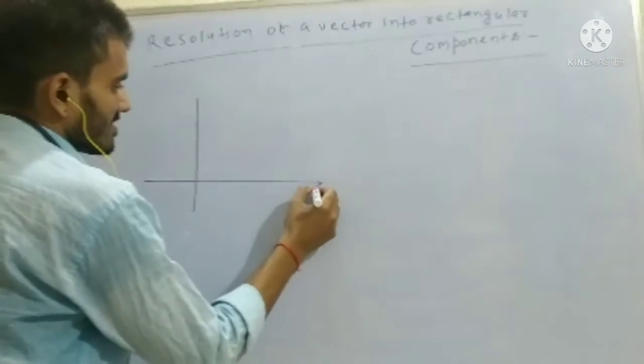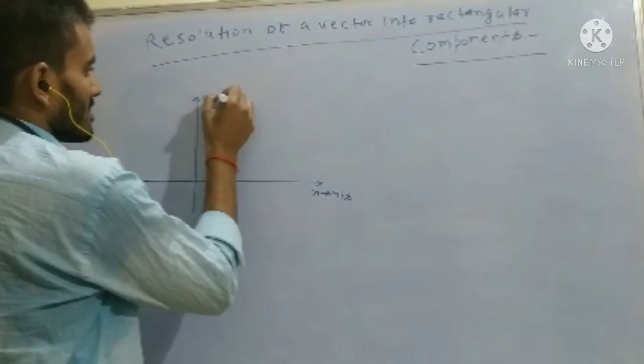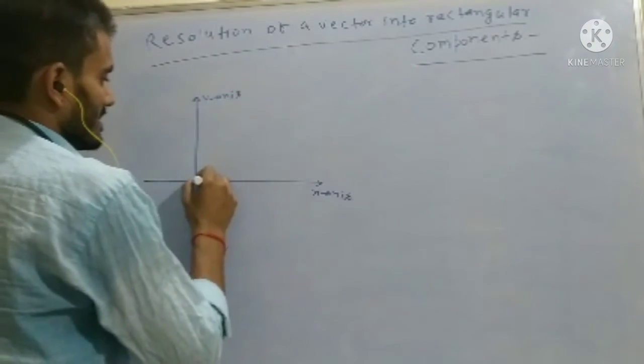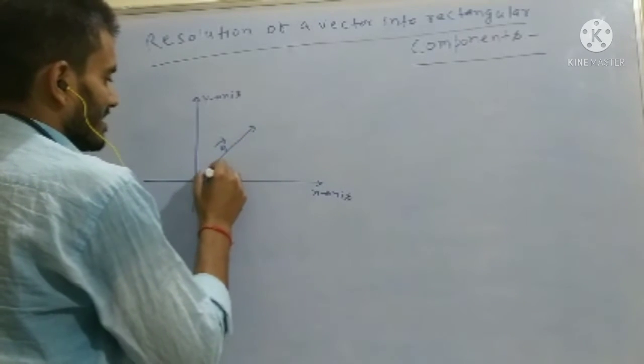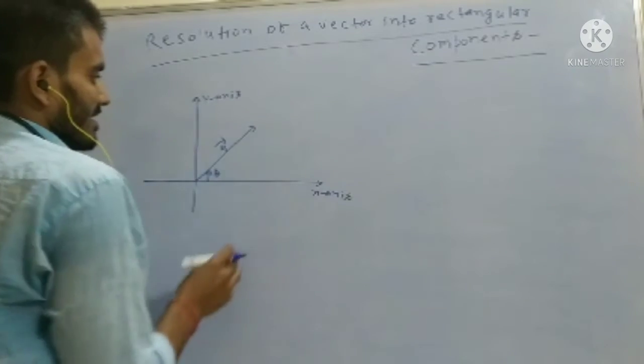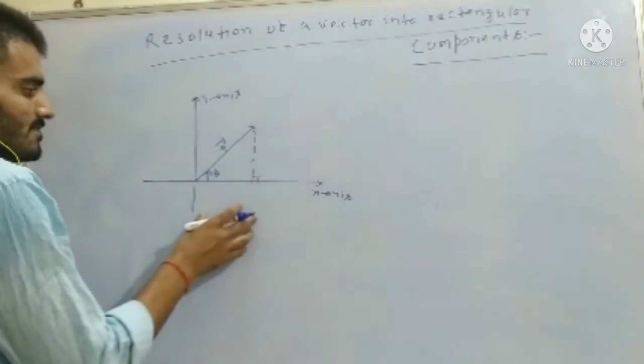Draw x-axis, y-axis. This is vector A making angle theta with the x-axis. From this point B, draw a perpendicular to the x-axis.